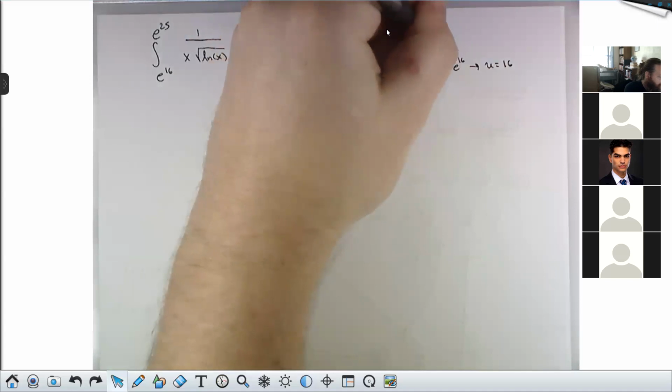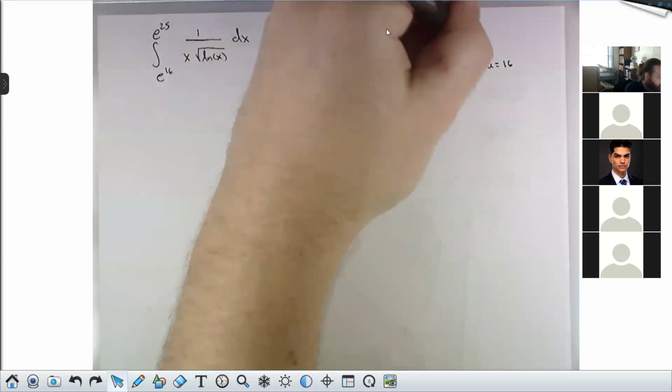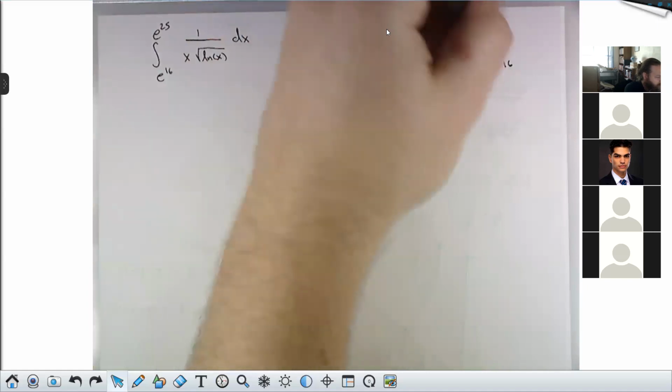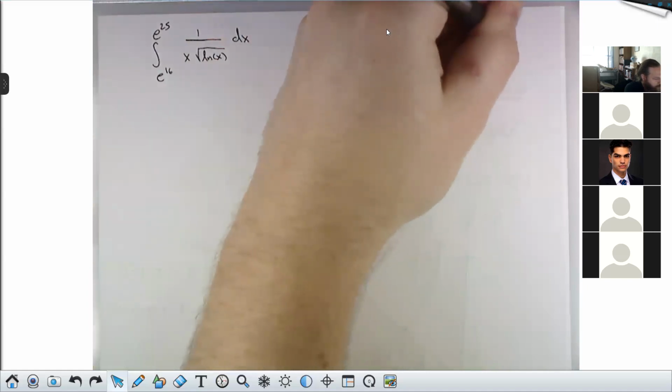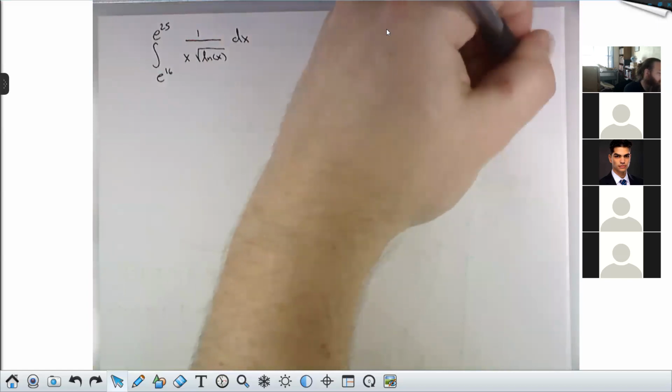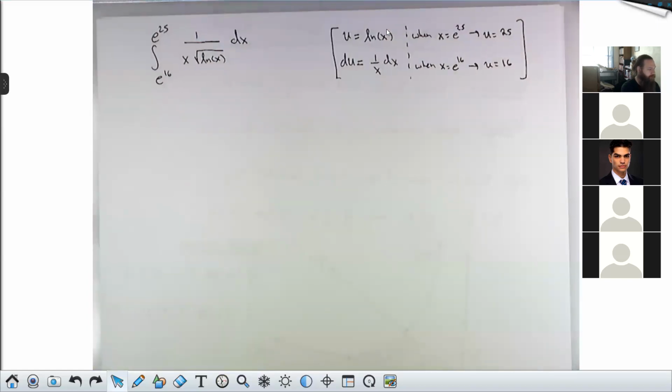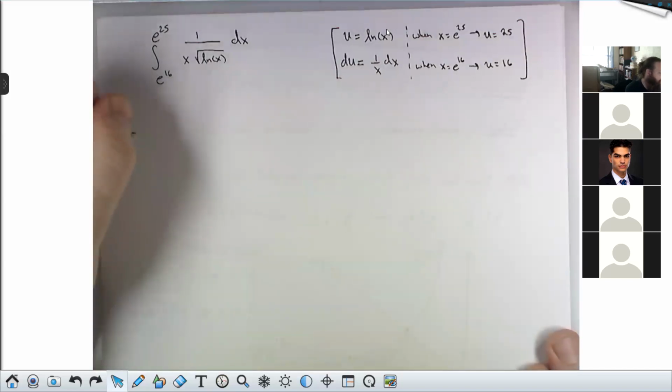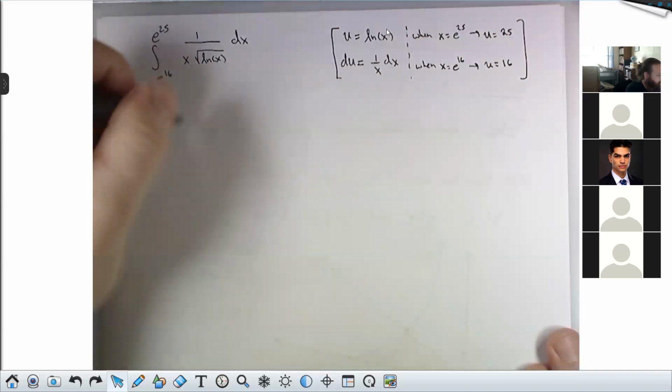And for the upper bound, when x is equal to e to the 25, u would be the natural log of e to the 25, which is just 25. So plugging in the obvious things, my new integral goes from 16 to 25.